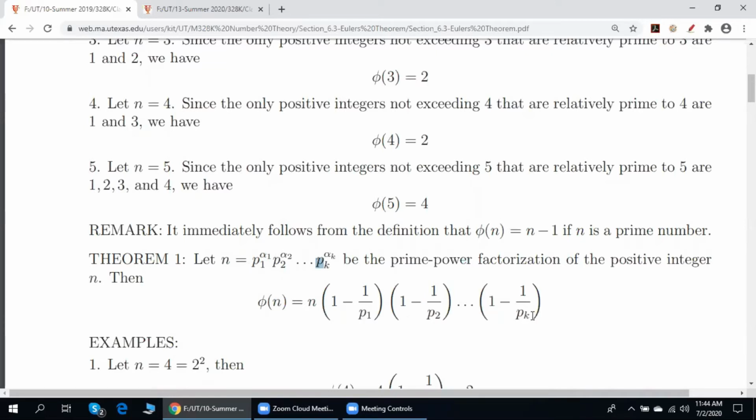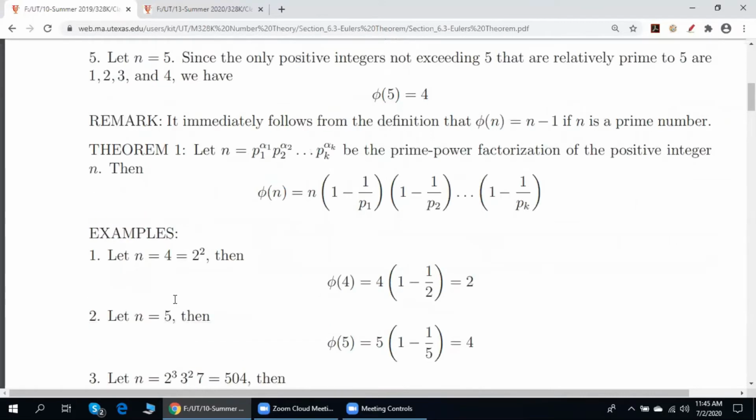Let us discuss examples. We already know that if n is equal to 4, phi of 4 is 2, because the only positive integers not exceeding 4 that are relatively prime to 4 are 1 and 3. But now let us use this formula in order to find phi of 4.